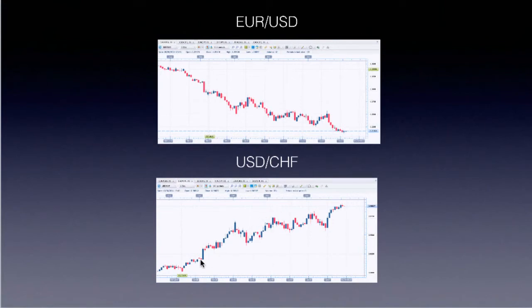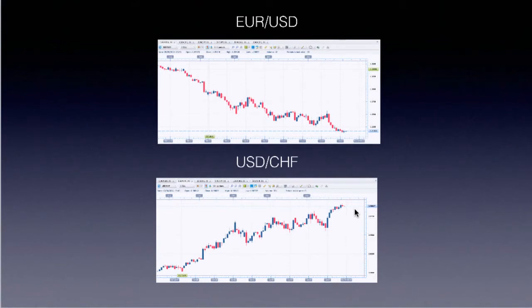While you also notice that while that Euro US dollar is moving to the downside, typically the US dollar Swiss franc is moving to the upside. Now, these two pairs have correlated like this for decades. So what we're going to do is use this to our advantage.